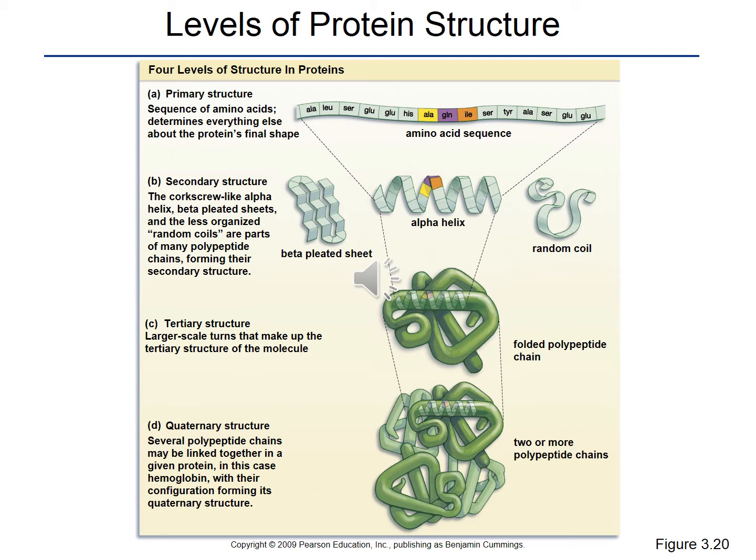and because of bonding, some of these amino acids can appear to have a corkscrew-like shape, which we call an alpha helix, or they can bend into an accordion-like shape, which is called a beta-pleated sheet, or they can have a random loopy coil appearance.